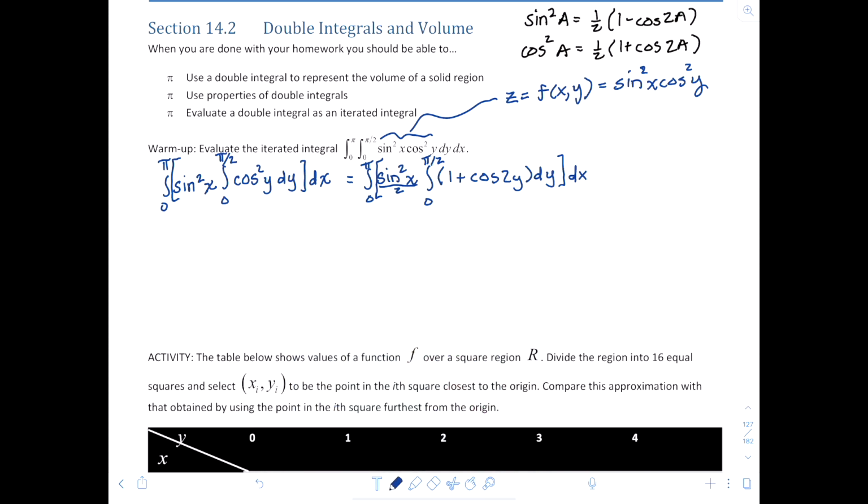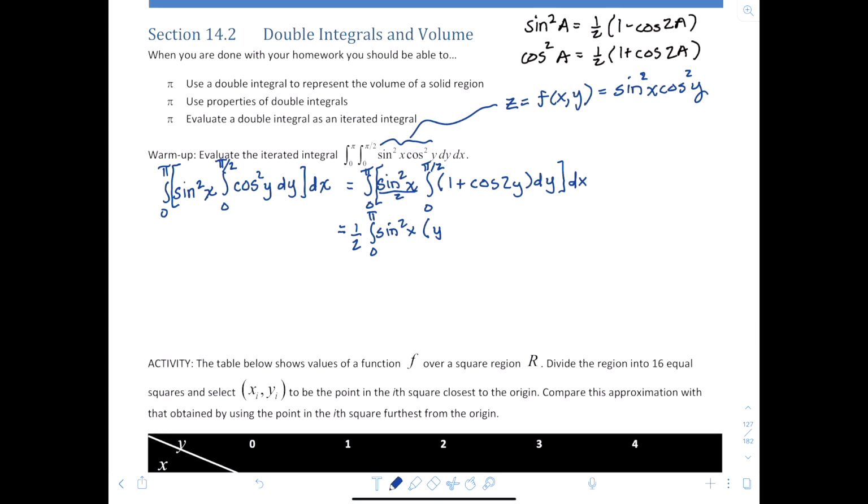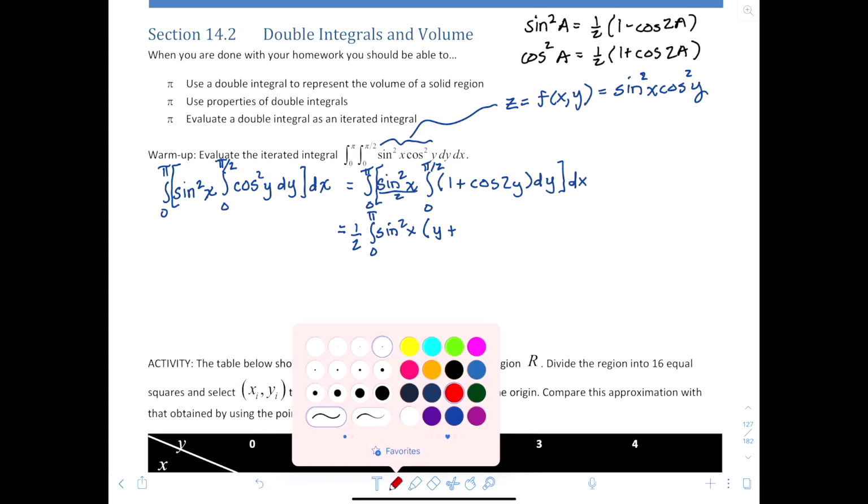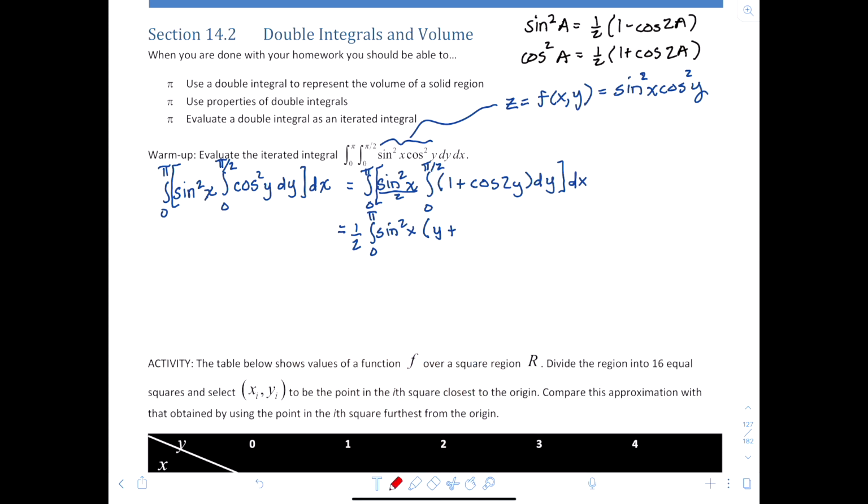All right, so that will be equivalent to, let's see, that 1/2 can come out from everything because it's a constant. We'll have the integral from 0 to pi of sine squared at x. And then performing the integration here, we will have y plus, now remember, we have a 2y inside, so I need to divide by 2 as well in order to complete the integration.